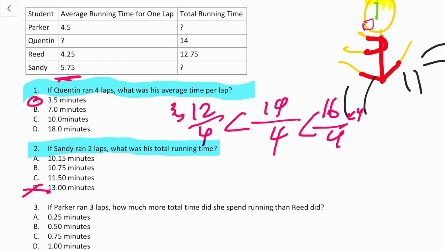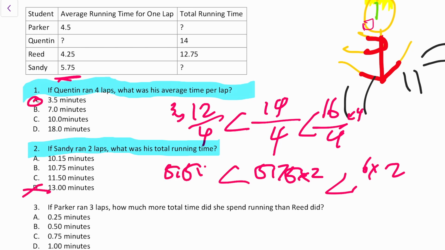So we've got to get a bit more specific. And we can use a decimal, a very specific decimal. Actually, honestly, it's not that specific. But it's a decimal that most people know what times 2 would equal. So here we have 5.75 times 2. We can still use 6 times 2, but we can change the lesser side to 5.5 times 2.